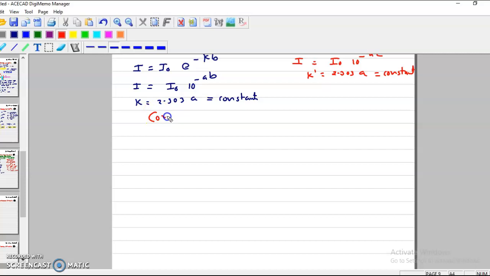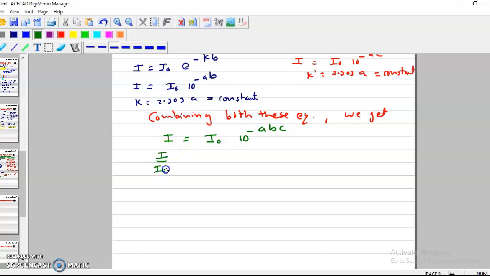So combining both these equations, we get I is equal to I0 10 to the power minus ABC, or I upon I0 equals 10 raised to minus ABC.